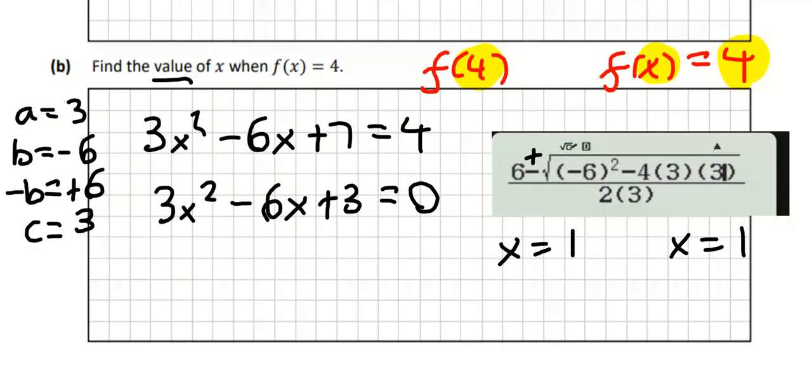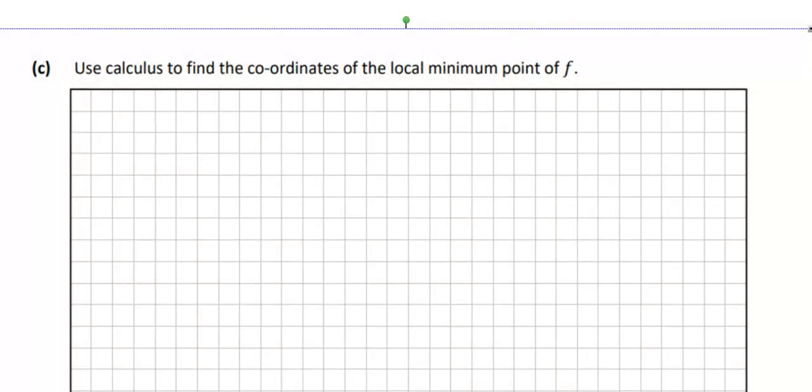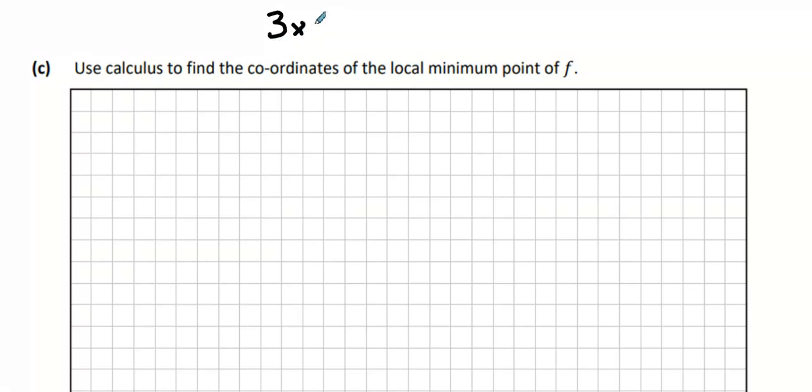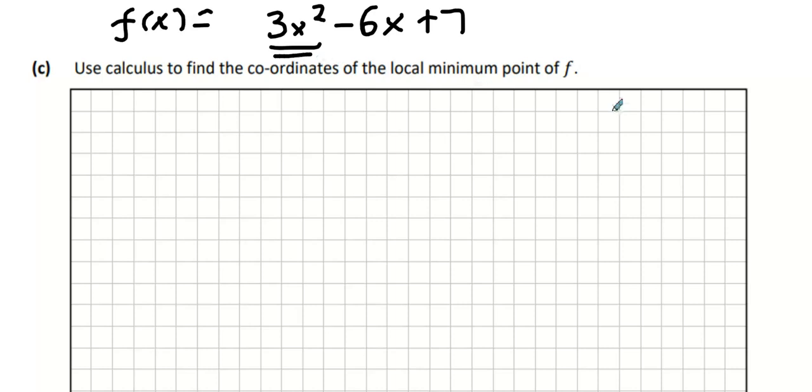Okay. We want to say local minimum. Now, this is a U-shaped function, isn't it? Was it 3x squared? What's the next part? Minus 6x plus 7. That was the function, wasn't it? How do I know it's a U-shaped function?